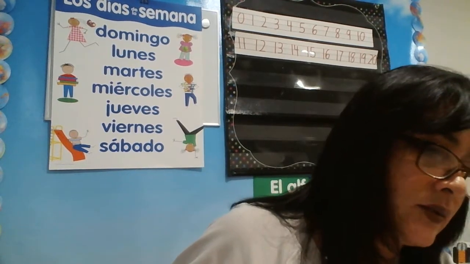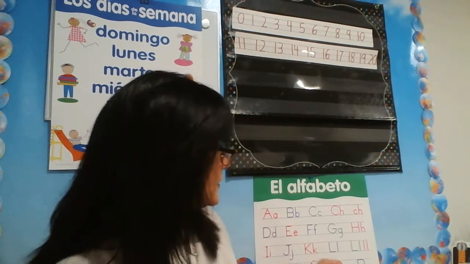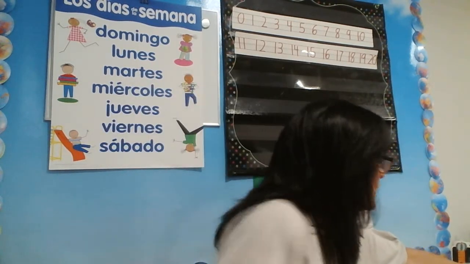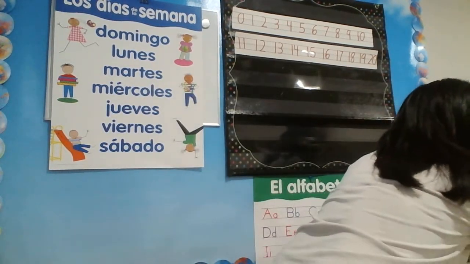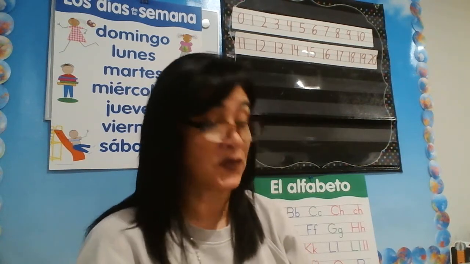We are going to actually look at our numbers past 20. So in second grade, we do our numbers to 30. So we stopped at 20 and we said 20.